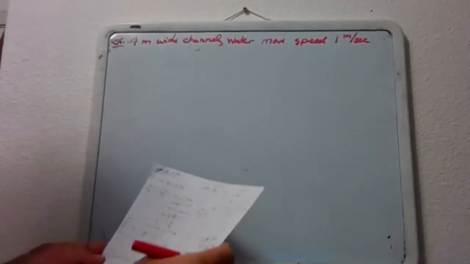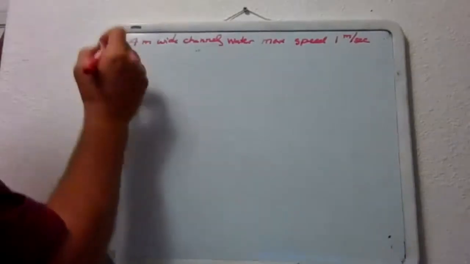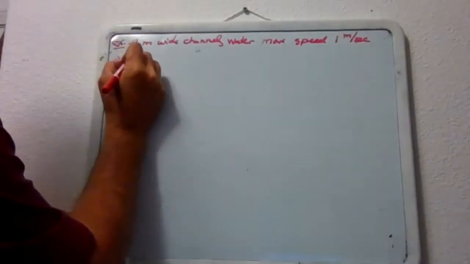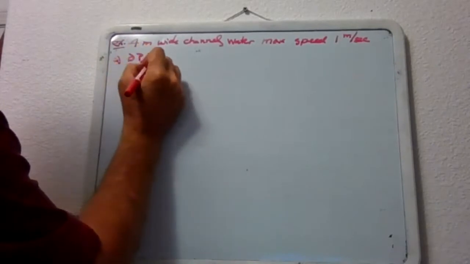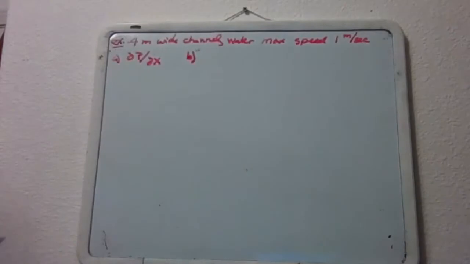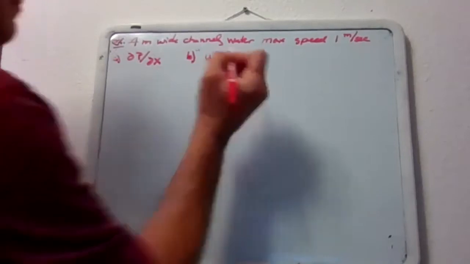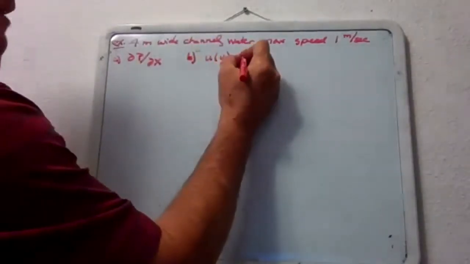We are going to try to figure out the pressure drop rate, but I'll put it up there symbolically. We are going to try to figure out an equation for u at y, a function for u at y.